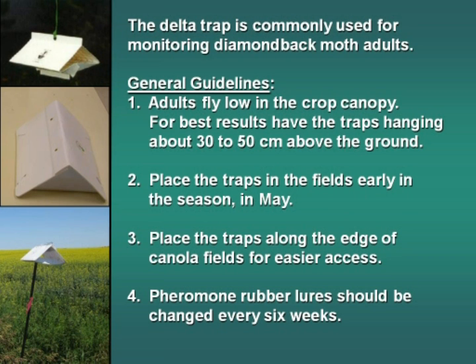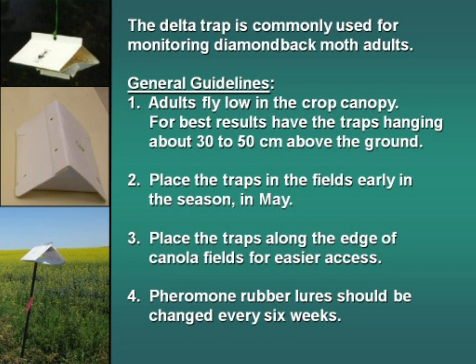Here are some general guidelines for monitoring adults. We've just had a student finish her master's thesis on this very topic, and some of her recommendations are that for best results, hang the traps about 30 to 50 centimeters above the ground. These insects tend to fly very low, and therefore the best captures are made by hanging the traps only 50 centimeters above the soil surface.